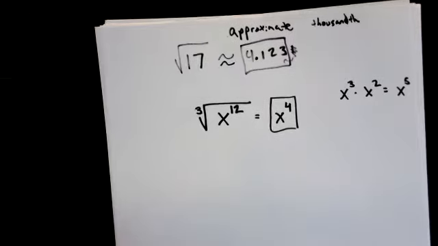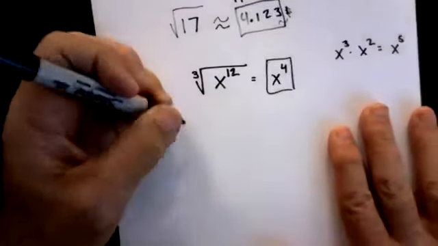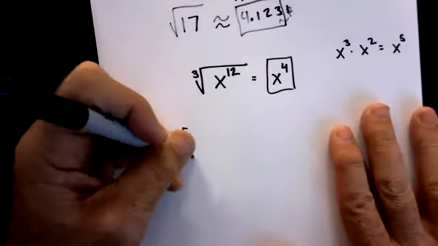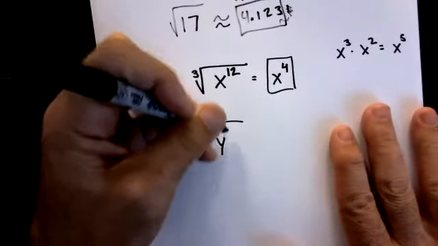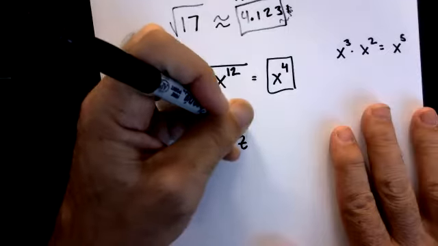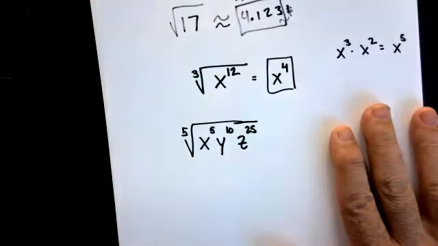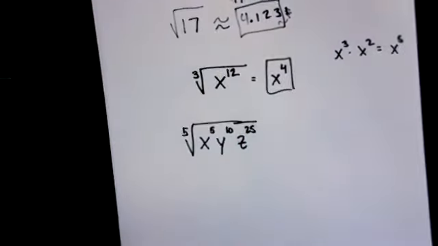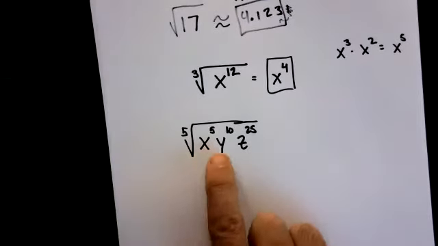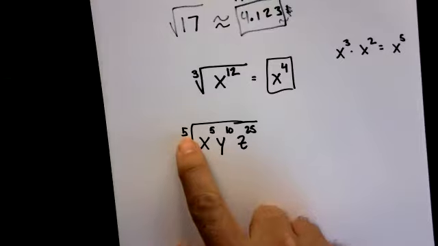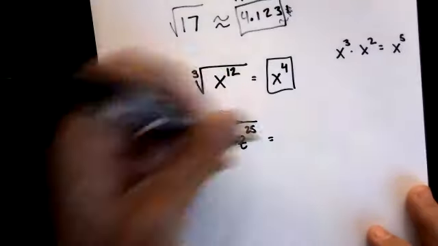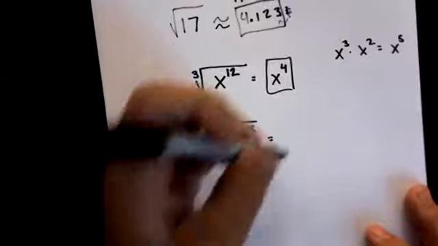And they can give you a ton of variables, and you would do the same thing. For example, if they asked me to find the 5th root of x to the 5th, y to the 10th, z to the 25th. For each individual variable, you just divide the exponent by the index or the root number. So in this case, 5 divided by 5 is 1.